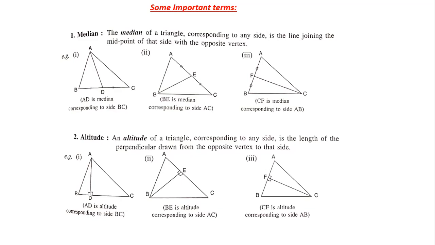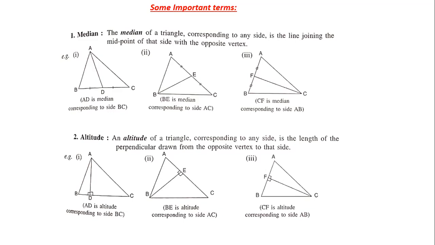Now it is clear to you that altitude is the length of the perpendicular drawn from the opposite vertex to that side. Now, if I join these three altitudes, this AD, this BE, and this CF, then the point of intersection of these altitudes is known as the orthocenter.